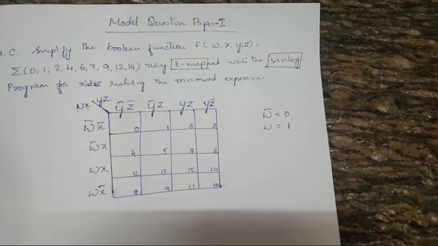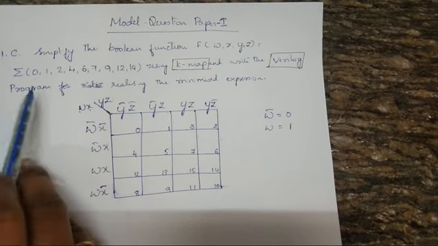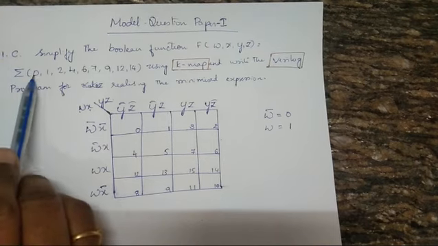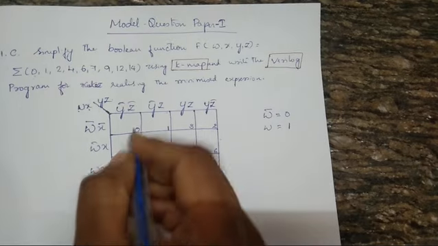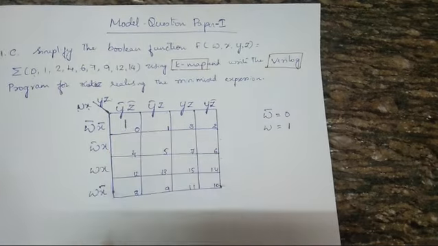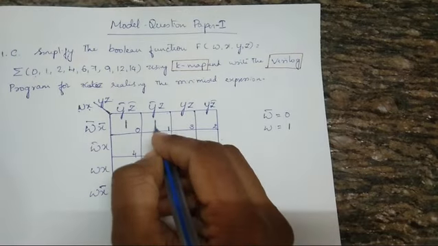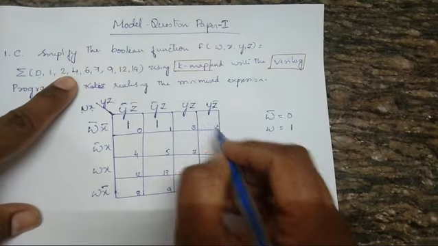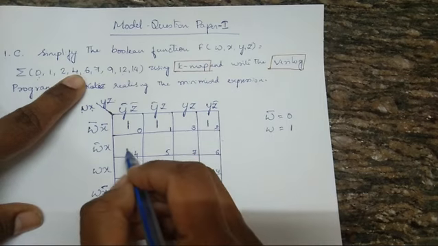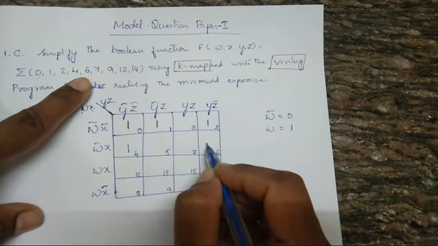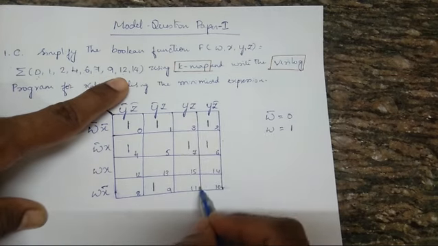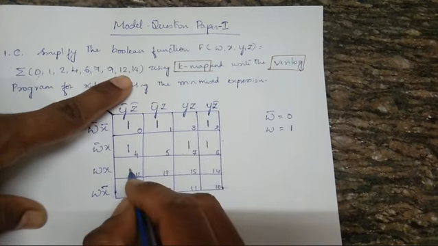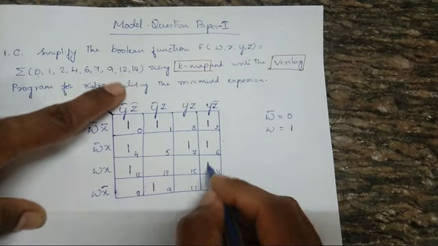Fine. Now let us fill the value 1 for these cell numbers. Okay, see the cell number 0. For this 0 let us write the 1. For 1, 1, and then for 2 it is 1, and then for 4, 6, 7, 9, okay, next 12, next is 14.